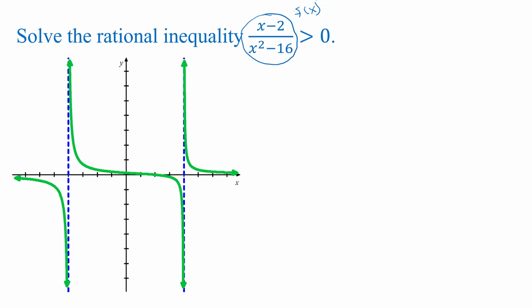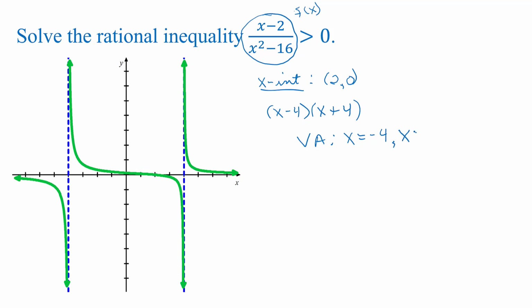A couple things to note here are that from what we've learned about graphing rational functions, we would have an x-intercept when x is equal to 2, at the point (2, 0). We would also have vertical asymptotes. By factoring the denominator, I get x minus 4 times x plus 4. That tells me that I'm going to have vertical asymptotes at x equals negative 4 and x equals 4.